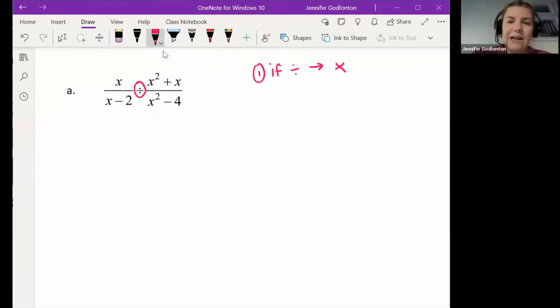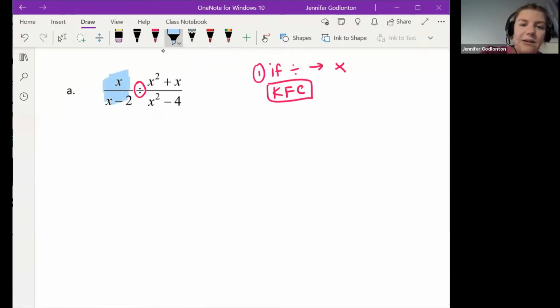And the way we do that is by doing KFC. When I say KFC, I mean we keep our first fraction. So we're keeping x, and I'm going to put this in a bracket, because we're allowed to put brackets on the outside if we want to. So I'm keeping my x over x over 2. The second step is we flip the second fraction.